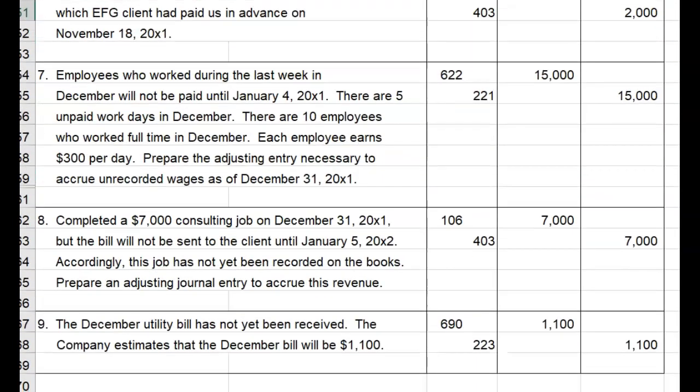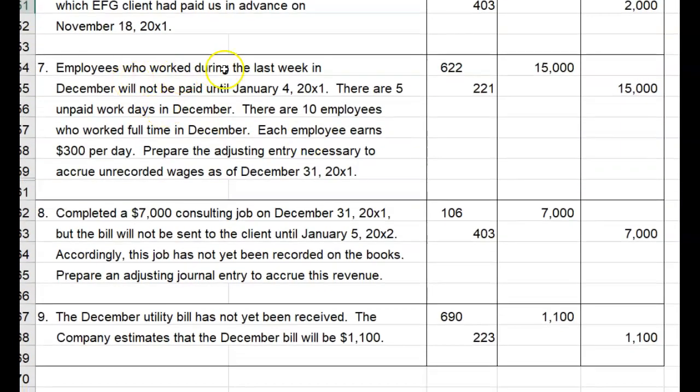This is a fun one. Employees who worked during the last week in December will not be paid until January 4th, 20X2, by the way, that is another typo. There are 5 unpaid workdays in December.